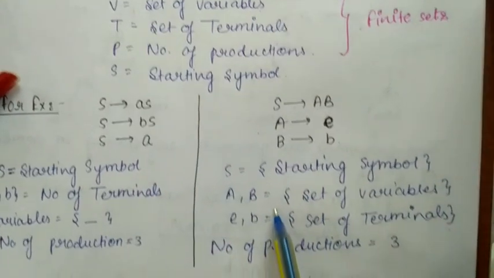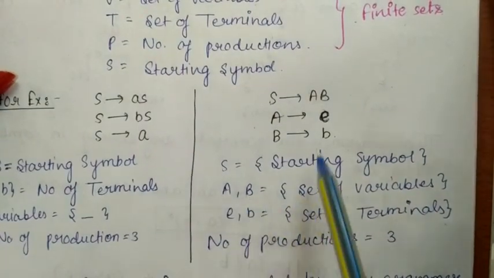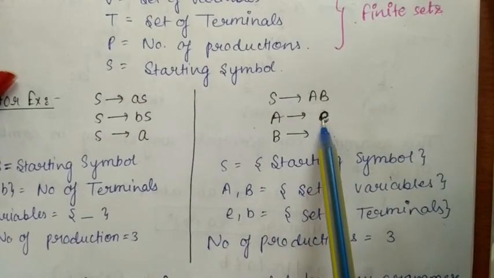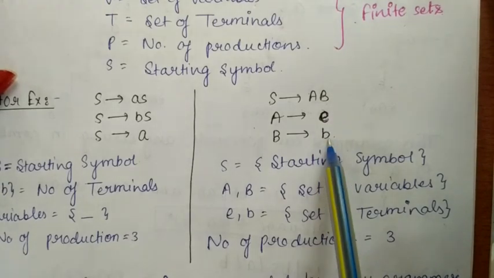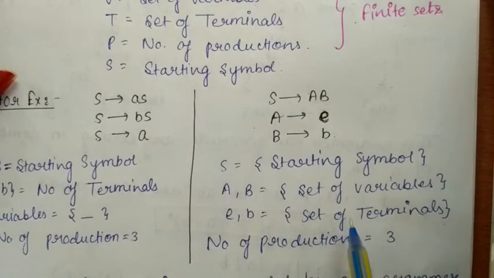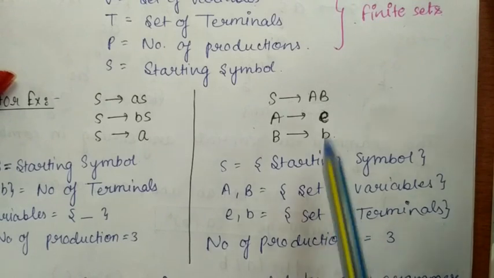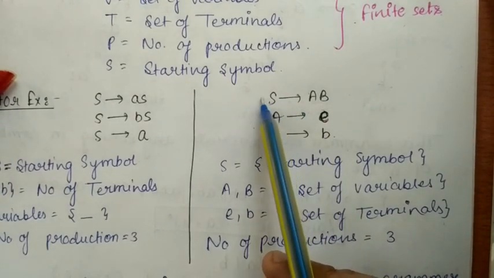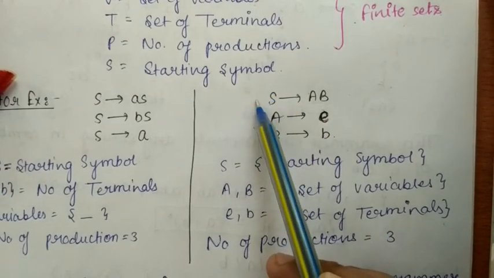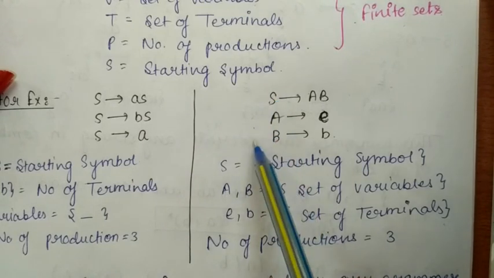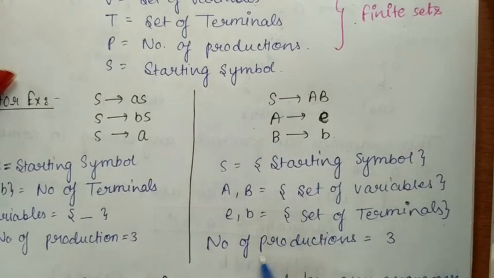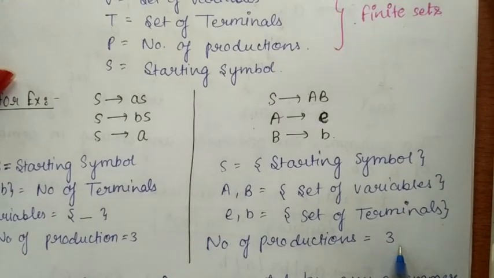Whatever we write in small letters, a and b, these are the set of terminals. Number of productions means how many productions this grammar has. First production is this, second is this, and third is this, so the number of productions will be 3.